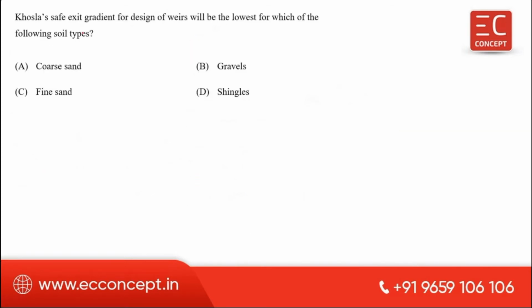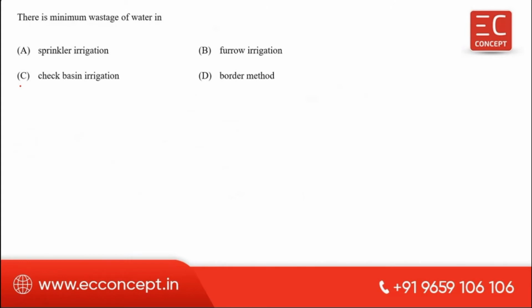Next one is a very simple factual data. The coarse-grained soil safe exit gradient for a design of pier will be the lowest for which one of the following soil type. So the exit gradient will be lowest for a fine sand. Okay, next one. There is a minimum wastage of water in sprinkler irrigation, simple factual question.